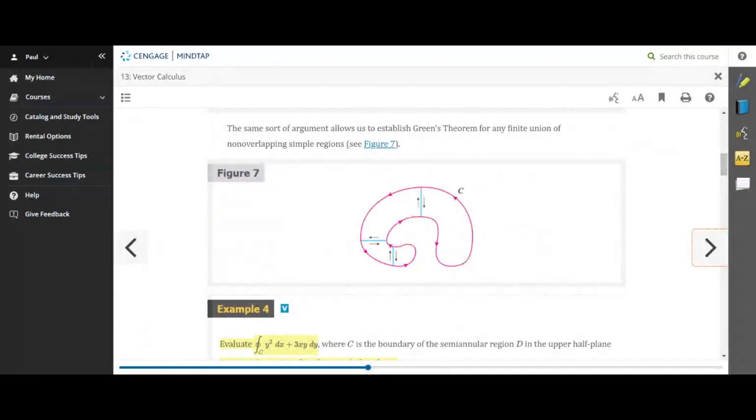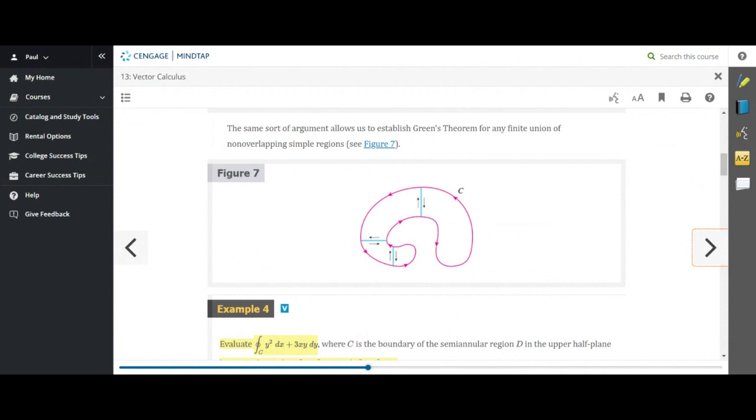You see, along each of the simple regions in figure 7, they have it divided up into 4. Along the blue lines, if you add up Green's theorem for each of the simple regions, the work along the blue portions of the curves cancel each other out because they're going in opposite directions.